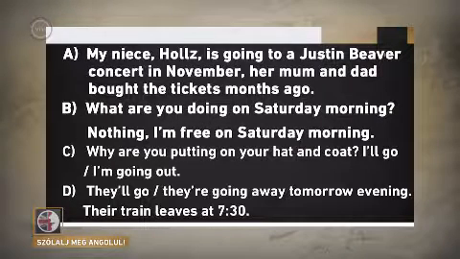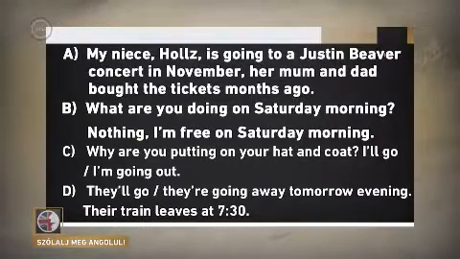Excellent. Now, what about the next one? Well, in that sentence, the person who is asking the question is asking about the future, obviously. But they can see that you're putting your hat and coat on. So this means that you plan to go out. You're getting ready to go out. You're preparing to go out.